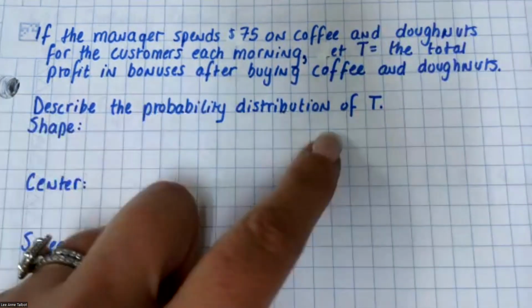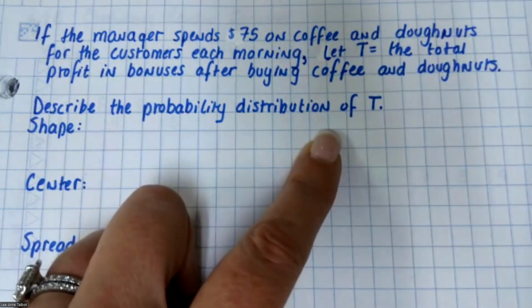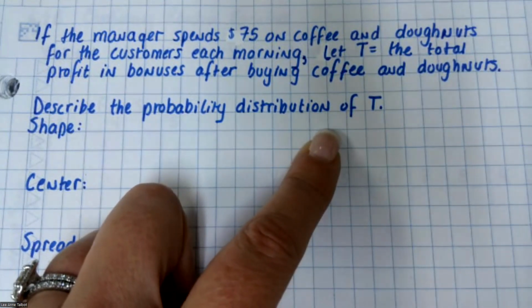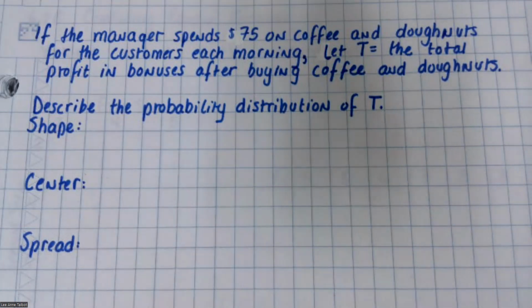Fixed it. Anyway, it's fine. If the manager spends $75 on coffee and donuts for the customers each morning, as I said, my husband would complain that it would not be for the employees, it would be for the customers, because he would watch them eat the donuts and he would be sad, but it's fine.